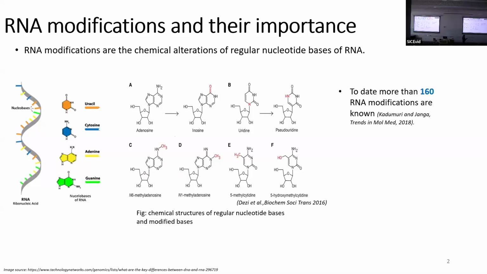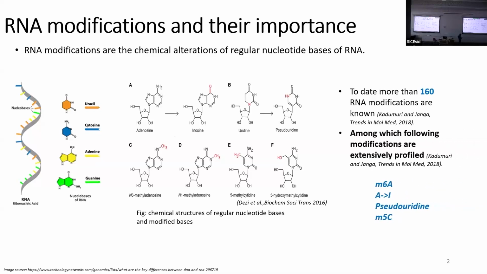Uridine to pseudouridine is simply a flipping of a double bond, and you add a methyl group here that becomes 1-methyl pseudouridine. And in the COVID vaccine, this 1-methyl pseudouridine was used to replace all uridines, and that decreases the immune rejection in humans. Now, if one modification can be used to create a vaccine, you can imagine what kind of functions you can create by studying all of these different modifications that exist.